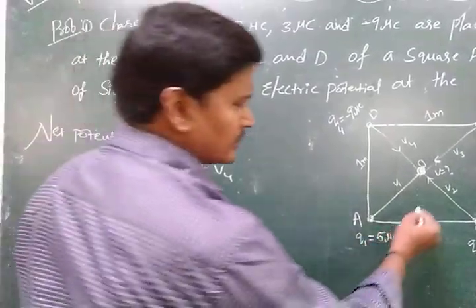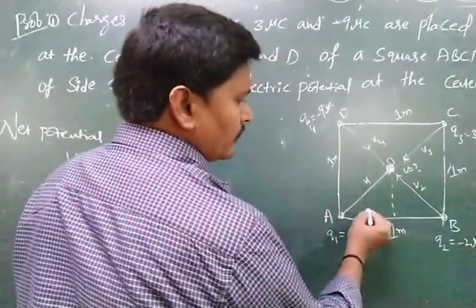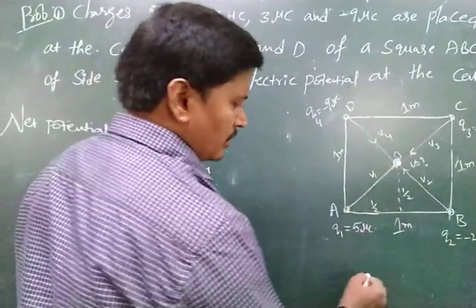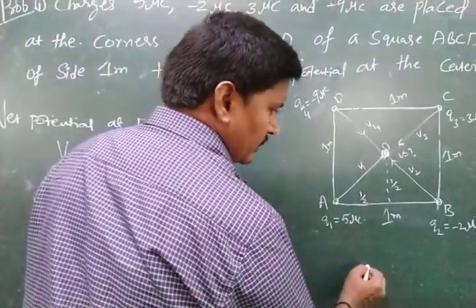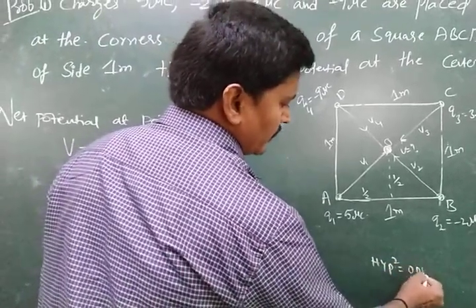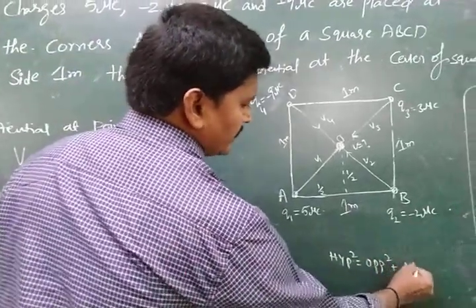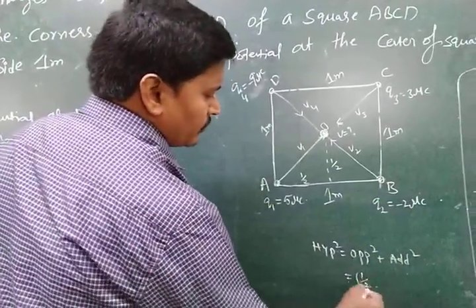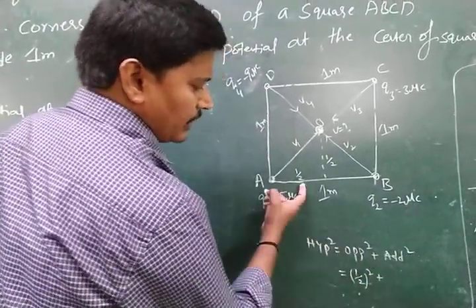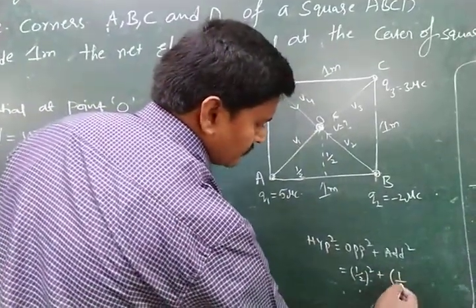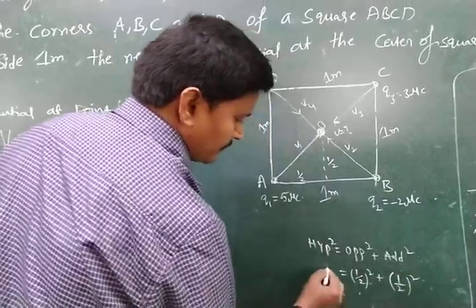So for the distance, this is 1 by 2, here also 1 by 2, and the hypotenuse squared is equal to opposite squared plus adjacent squared. Therefore 1 by 2 whole square plus, this is opposite, 1 by 2 whole square.